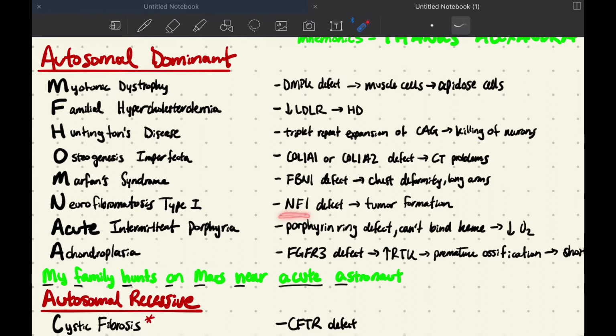And also if you already have a defect in this gene, there's a much higher likelihood of it defecting even further and developing more serious symptoms.